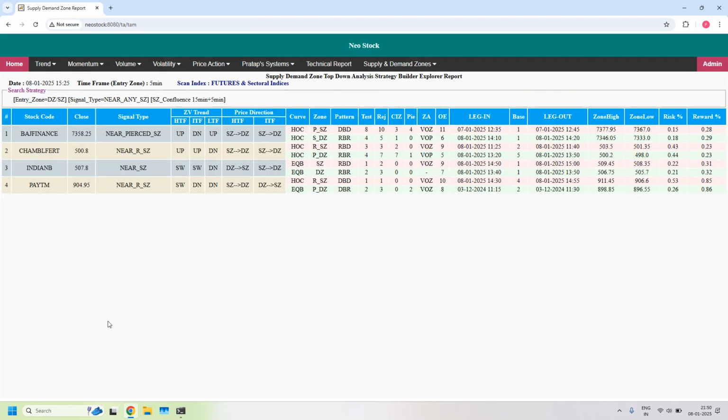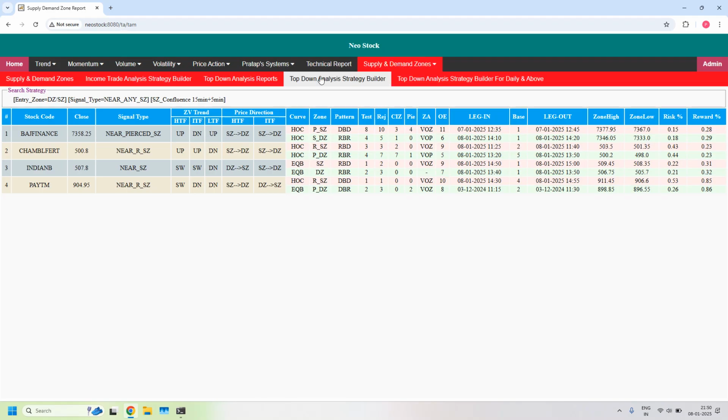With this filter, we got 4 stocks. Out of these 4, first one is a pierced zone, we can't use that. So the remaining 3 15 minutes supply zones are part of the 75 minute supply zone. So this is about stocks near demand and supply zones for different time frames.